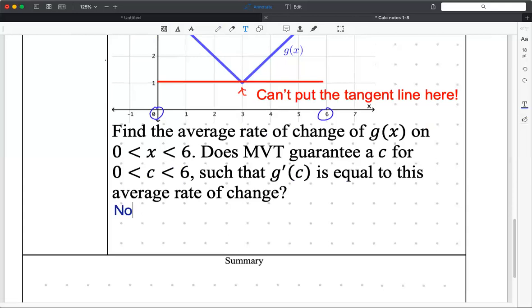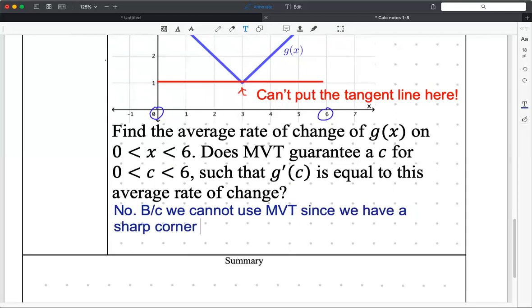And the answer is no. And then you can say why? Because we cannot use MVT since we have a sharp corner. And if you want to explain even more, you can say it is discontinuous.